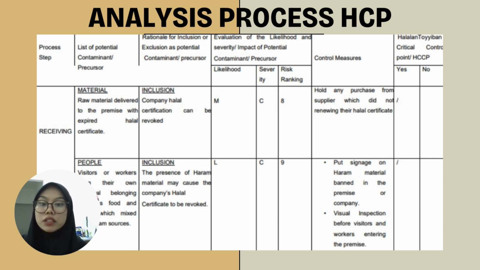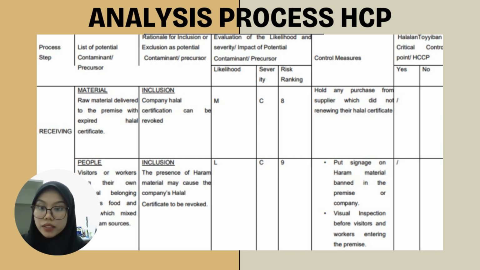The likelihood for the receiving process is moderate and the severity is critical, so the risk ranking will be 8. The countermeasure for this process flow is that we need to hold any purchase from suppliers who did not renew their halal certificate. So if you ask whether it is a halal toyyiban critical control point, the answer is yes.